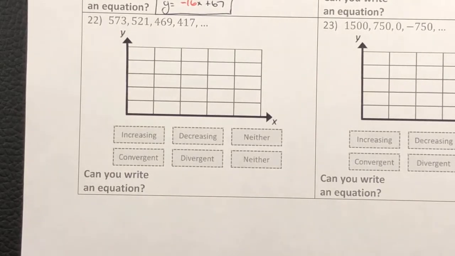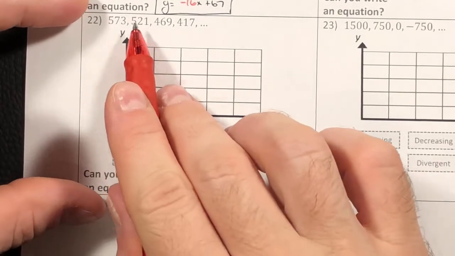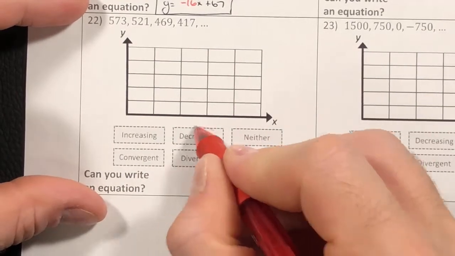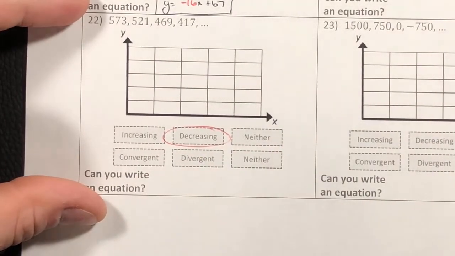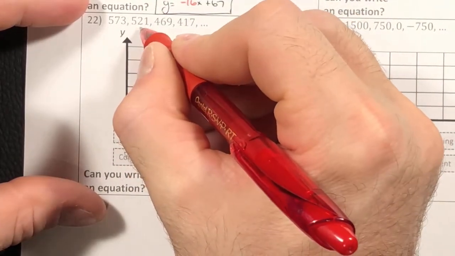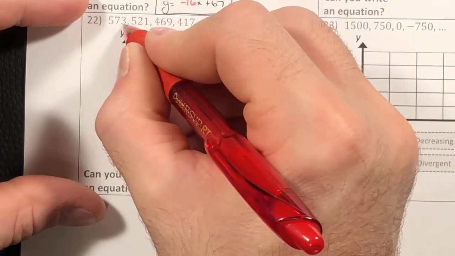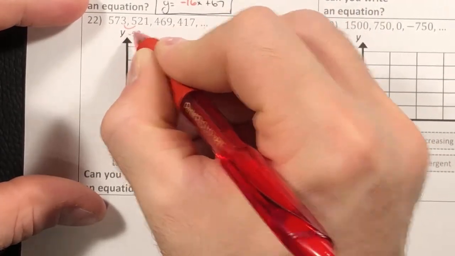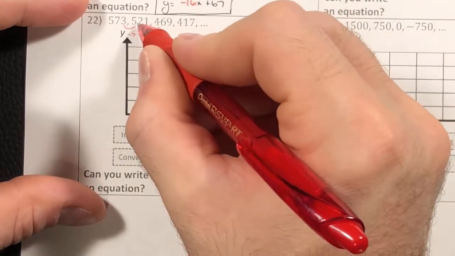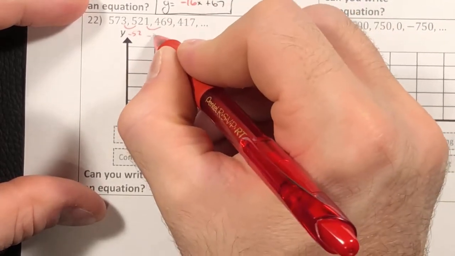Okay, now that you've had a shot to try it out, let's go ahead and take a look. So with this one, looks like down. So I know this is going to be a decreasing trend. 573 to 521, that's going to be a decrease of, let's see, 52. If I take away 52 again, yep.